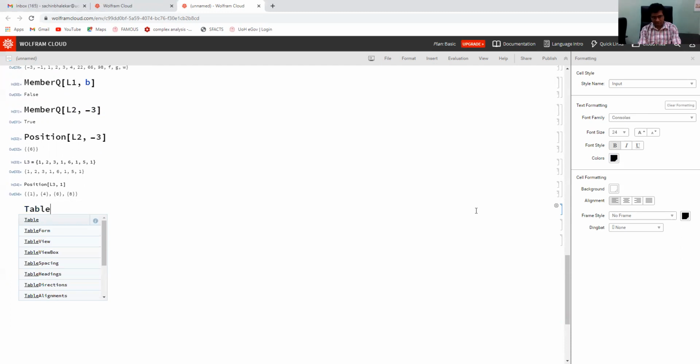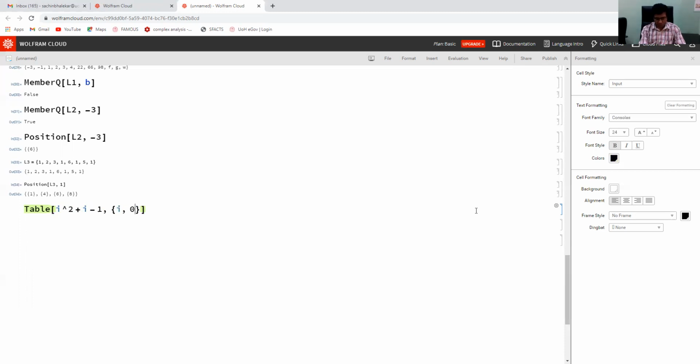The syntax is like this, Table. Let us write down the formula. Say I'm using the variable i: i square plus i minus 1. Now, the second entry should be a list containing the variable name, starting point and ending point.